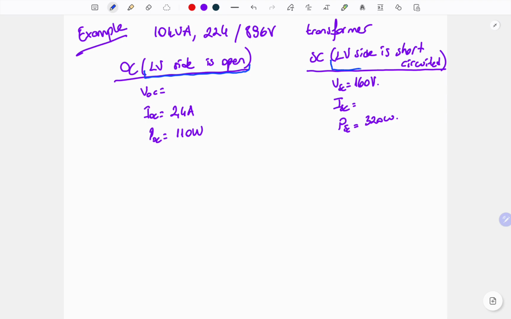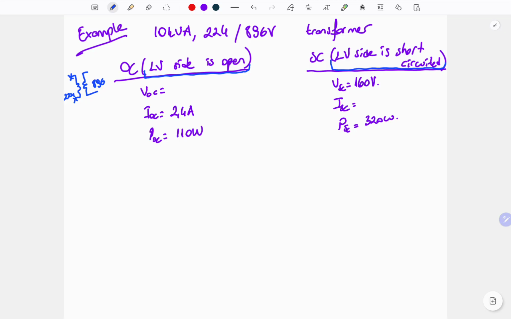So for the open circuit and the short circuit tests, both of them are applied from the high voltage side. Why? How do we understand this one? For the open circuit test, the low voltage side is open circuited. So we have again our simple figure for the transformer, and our transformer converts 224 to 896 volt, and the low voltage side, which is the primary side of this transformer, will be open circuited.